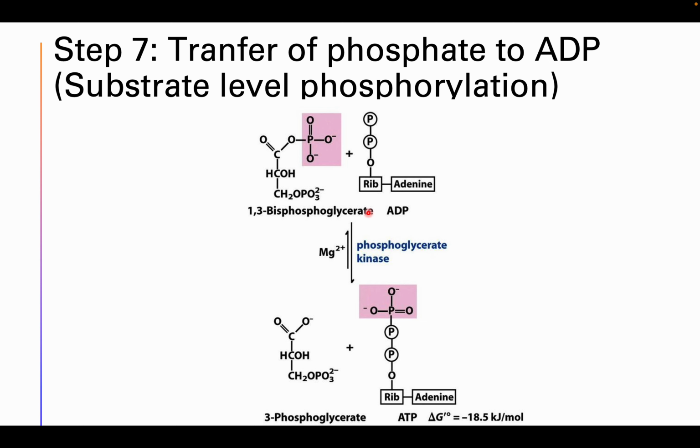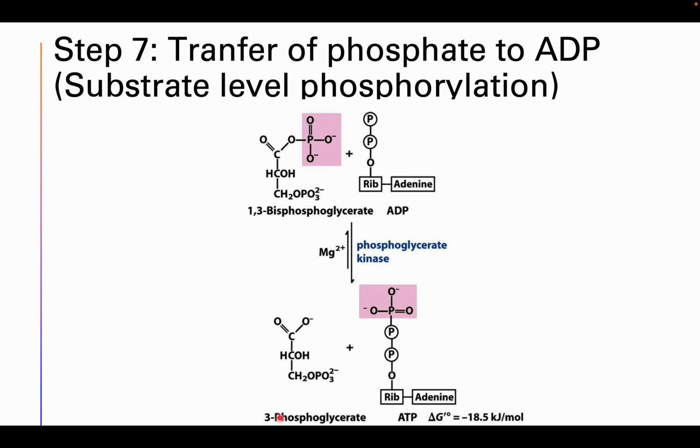Because we have two molecules of 1,3-bisphosphoglycerate, we get two molecules of ATP, which recovers what we spent in the preparatory phase. We get two molecules of ATP and two molecules of 3-phosphoglycerate, because the first carbon phosphate is released.